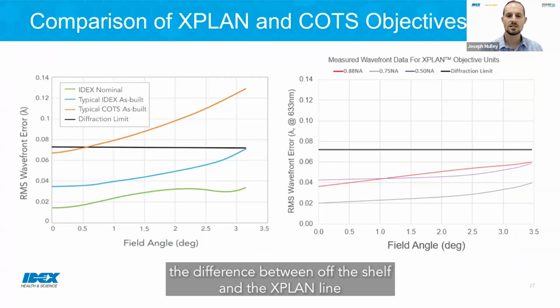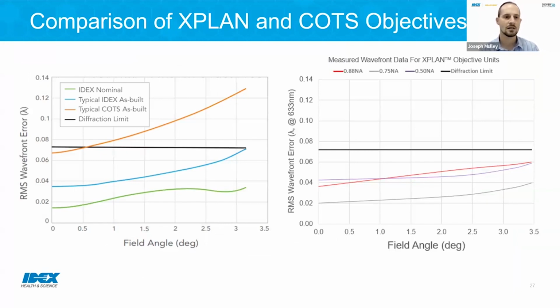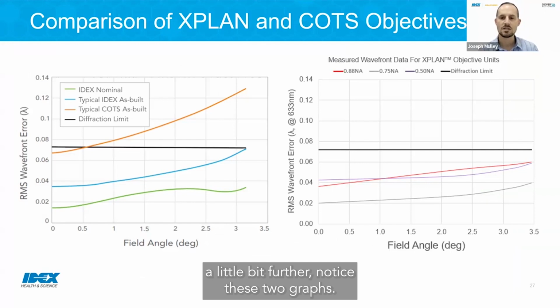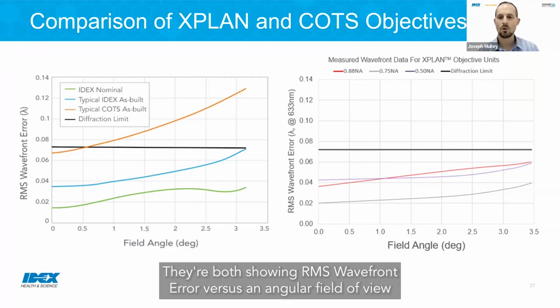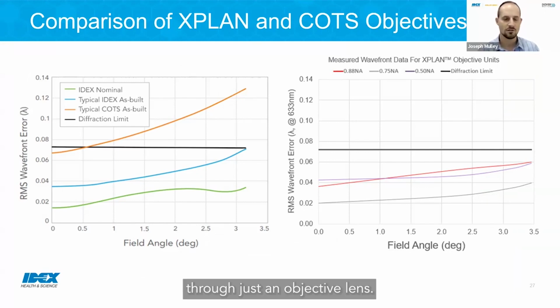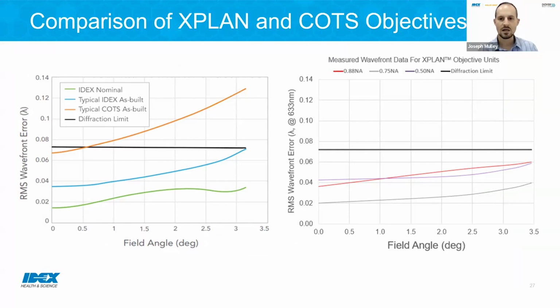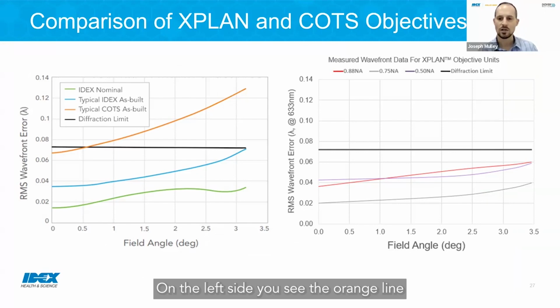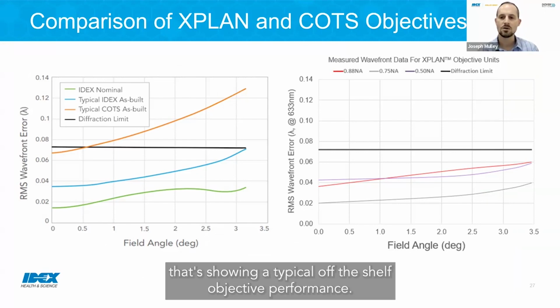So to discuss the difference between off-the-shelf and the XPLAN line a little bit further, notice these two graphs. They're both showing RMS wavefront error versus an angular field of view through just an objective lens. On the left side, you see the orange line that's showing a typical off-the-shelf objective performance.